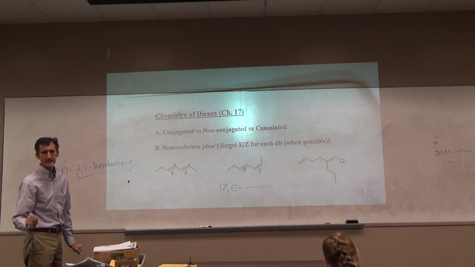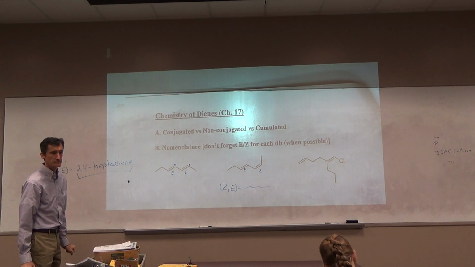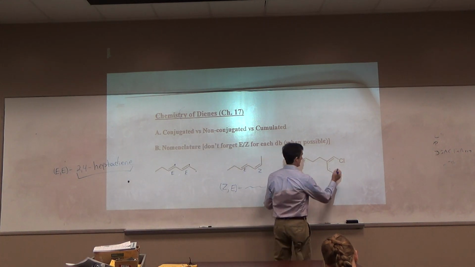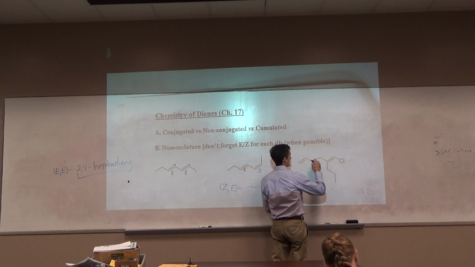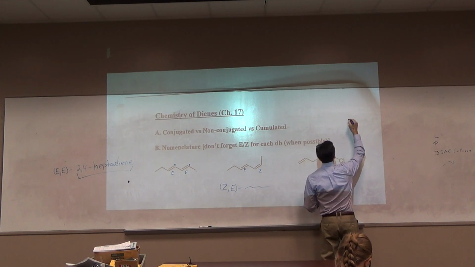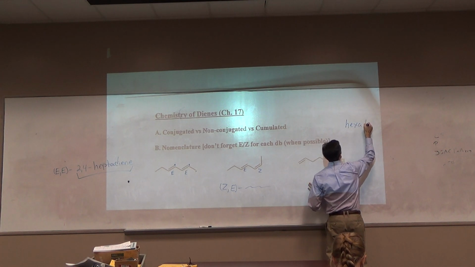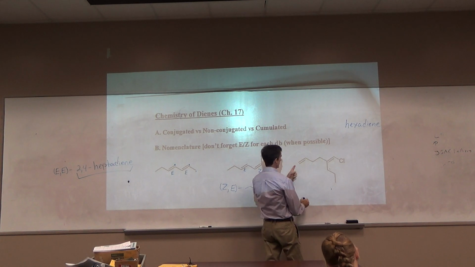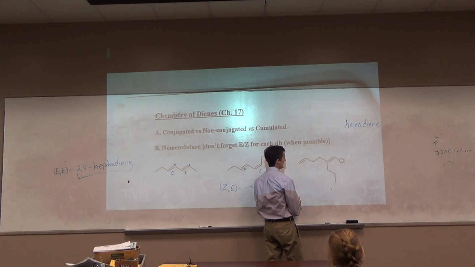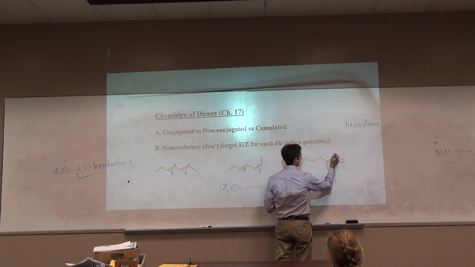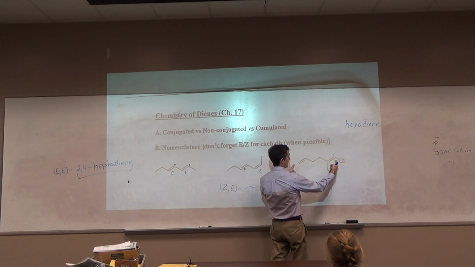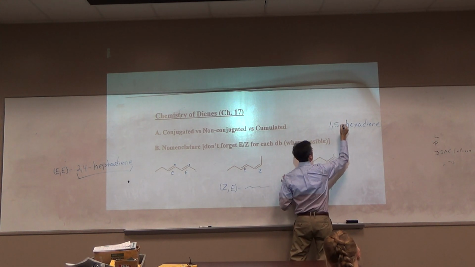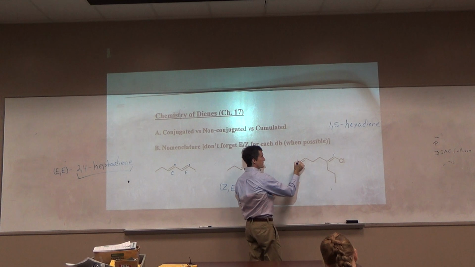Both alkenes need to be in the longest continuous chain. Both of them. 1, 2, 3, 4, 5, 6. Hexadiene, what's the one in, left or right? No, right. It can be right. Either way, it's a 1, 2, 3, 4. 1, comma 5 hexadiene. Either way, it's 1, 5.